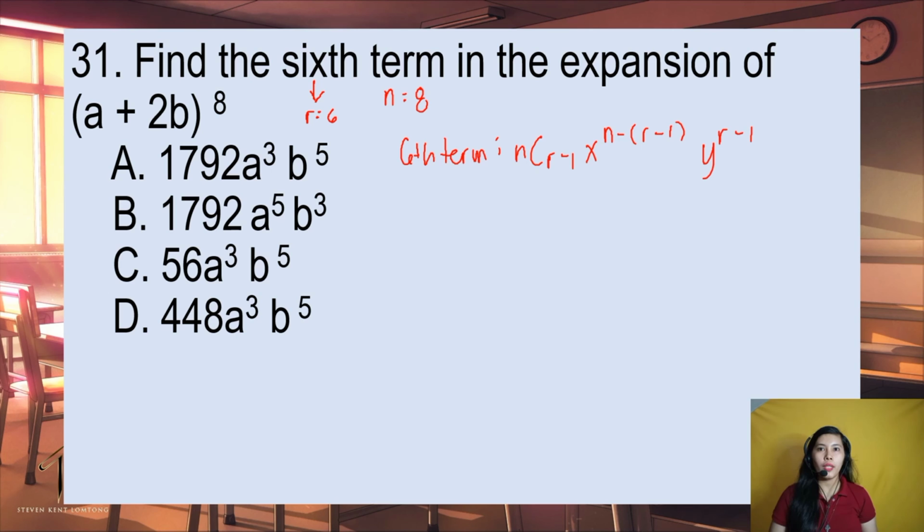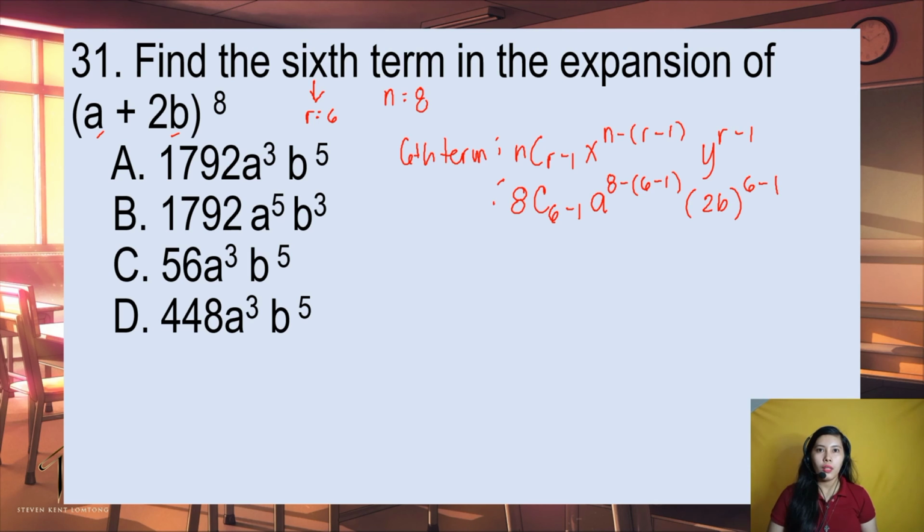Note that this x here is the first term, which is a, and our y is the second term, and that is 2b. So let's substitute. Our n is 8C(6 minus 1) a raised to 8 minus (6 minus 1), and our y is 2b raised to 6 minus 1.